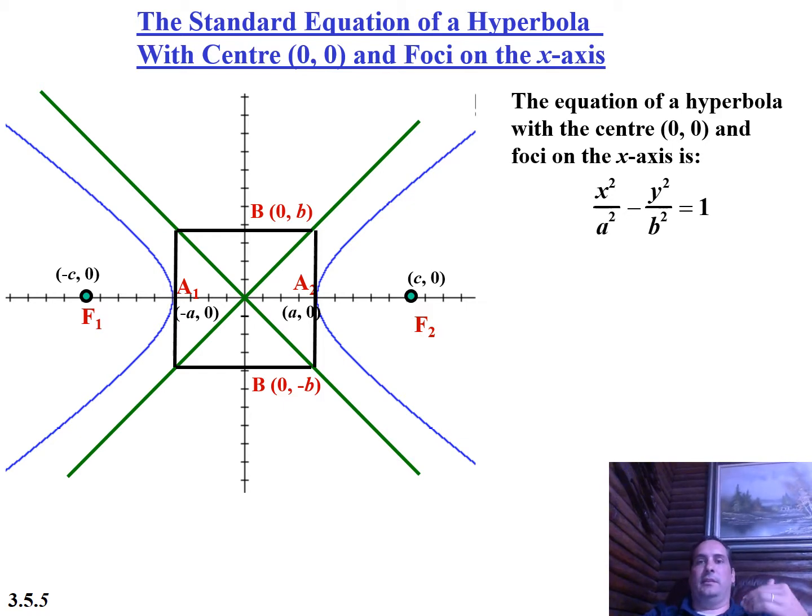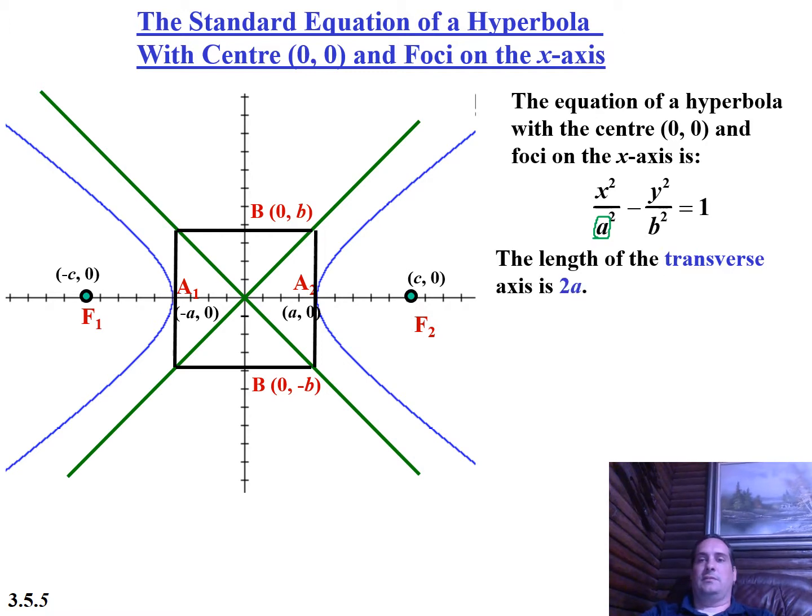A is a little bit different. Remember the ellipse is always the longer side? Well, in this case, the A value is always going to be the first one. It's always going to be the positive one of the group, where the B value is always going to have the negative sign in front of it.